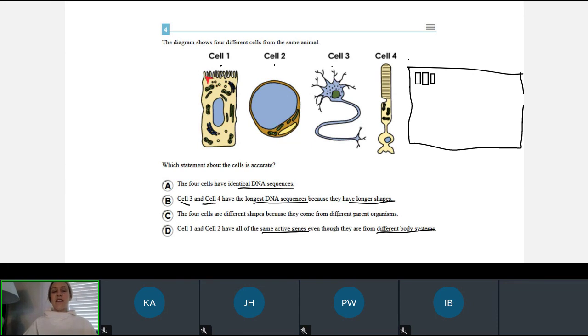Like this could be a digestive cell because with each of those folds, you increase your surface area. And that's what captures all of the nutrients that are going through your intestine. The shape determines their function. But on the inside, in every single one of these nuclei, they all have the same what? Type it in chat.